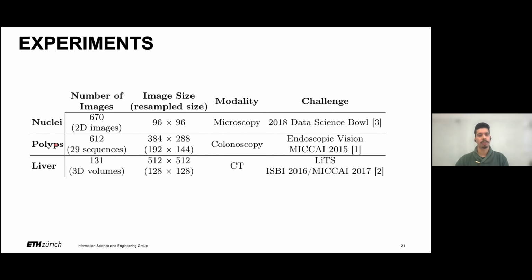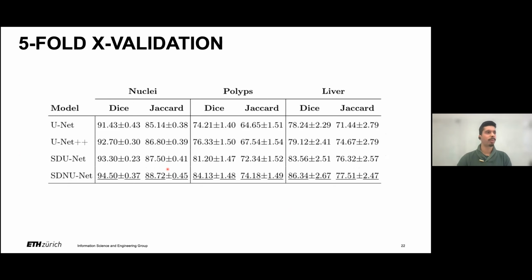We looked at polyps from colonoscopy images from the Endoscopic Vision MICCAI 2015, and also at liver CT scans from the LiTS data set. For the second two data sets, we did some downsampling to facilitate the computational requirements. We performed 5-fold cross-validation on these data sets.